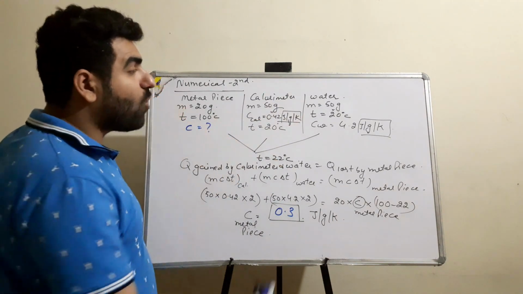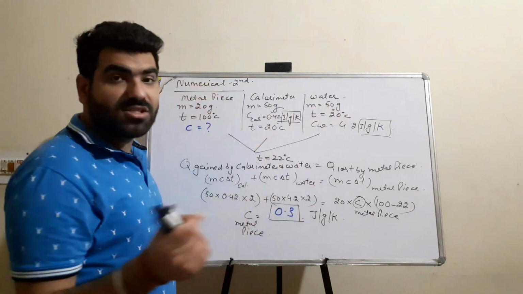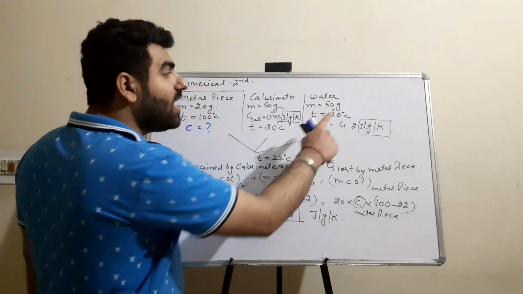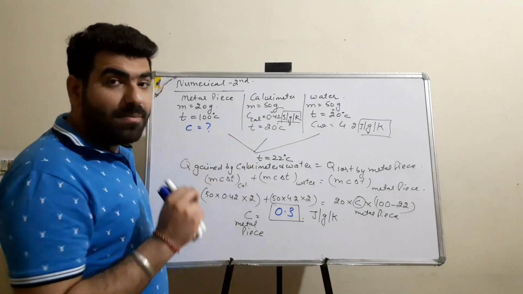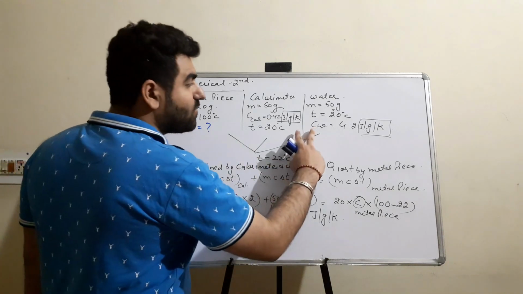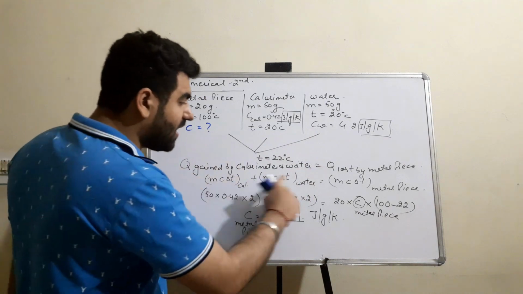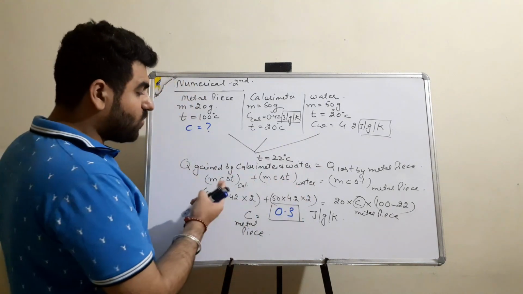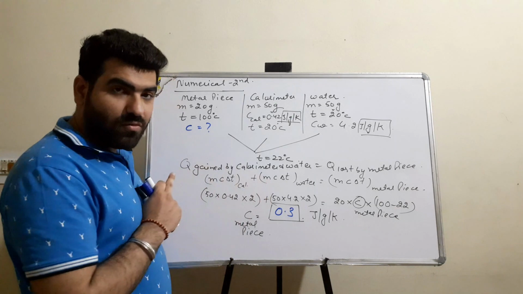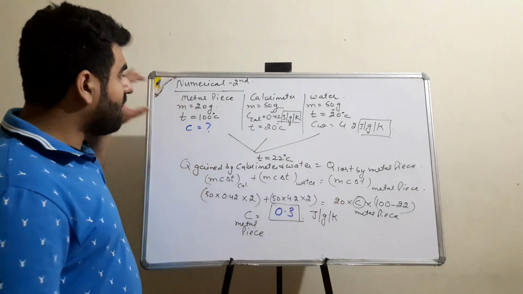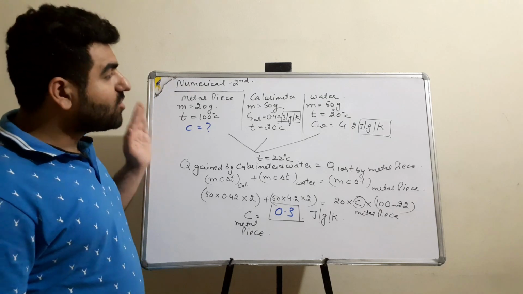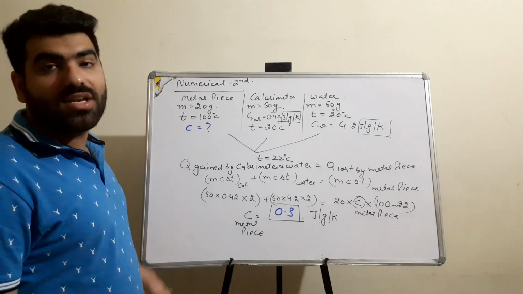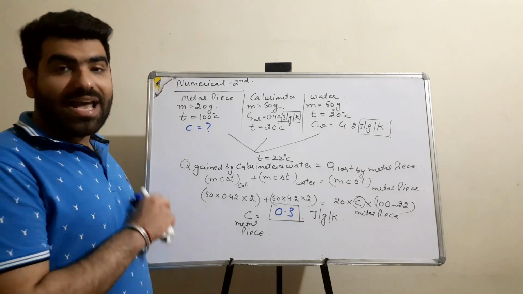One important thing: whatever is the temperature of the substance present inside the calorimeter, that will be the temperature of the calorimeter, and heat will be gained by both things, water as well as the calorimeter. So we'll have to add two equations, one for the calorimeter, the other for water, and on the other side we have only one substance which is going to lose heat. So this is another type of variation in numericals that you can expect.